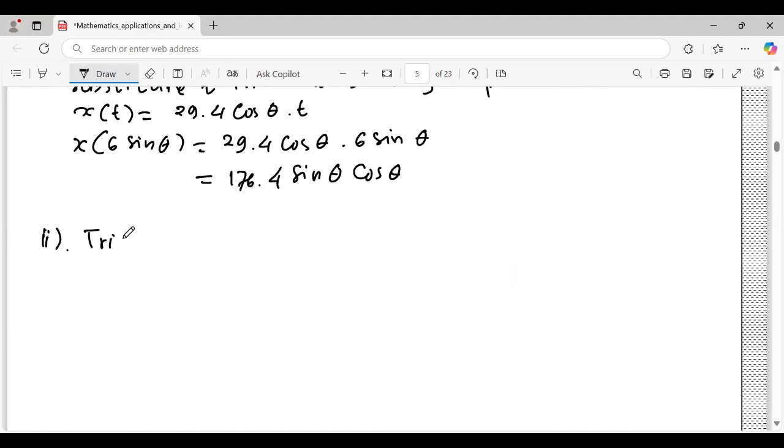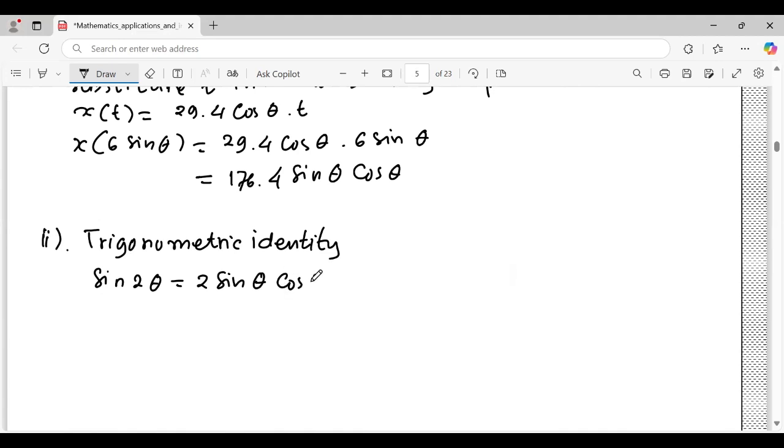According to the trigonometric identity, sine 2 theta equals 2 sine theta cosine theta, or 1/2 sine 2 theta equals sine theta cosine theta.